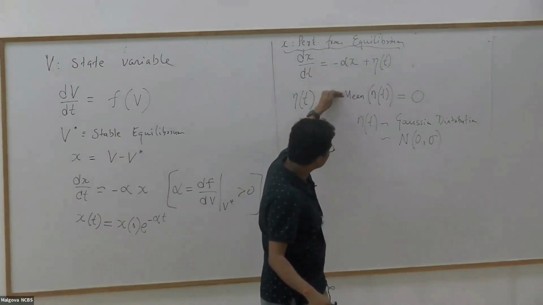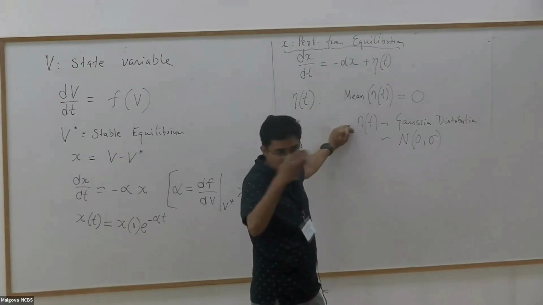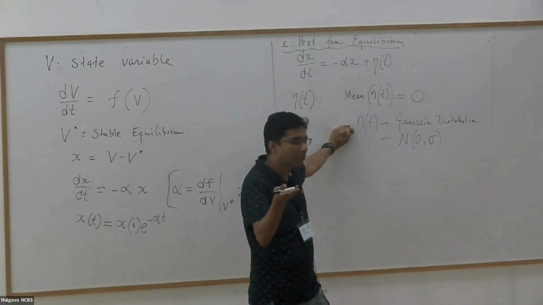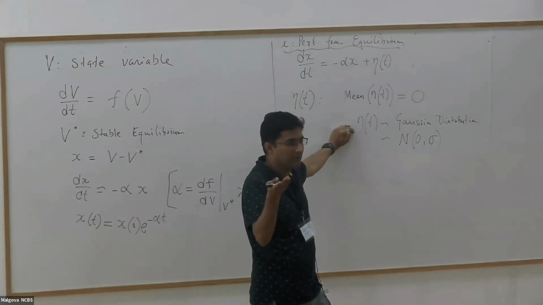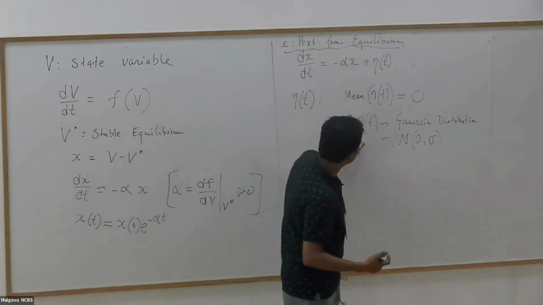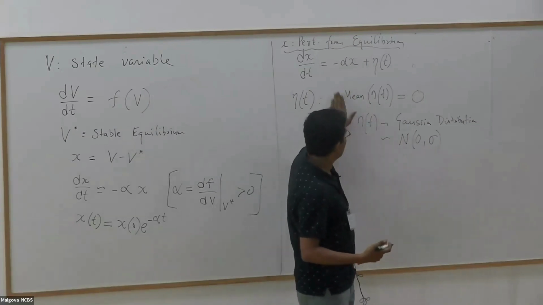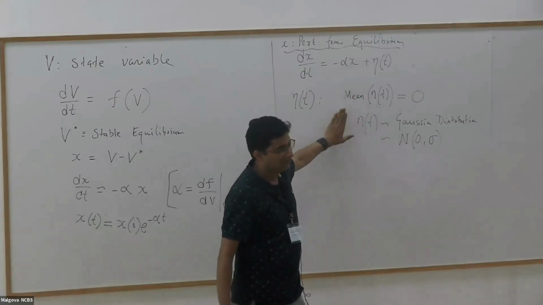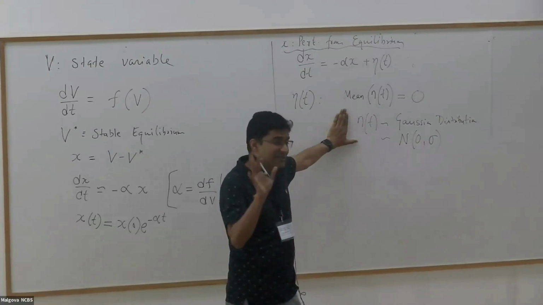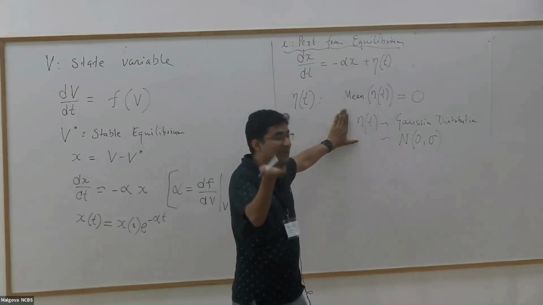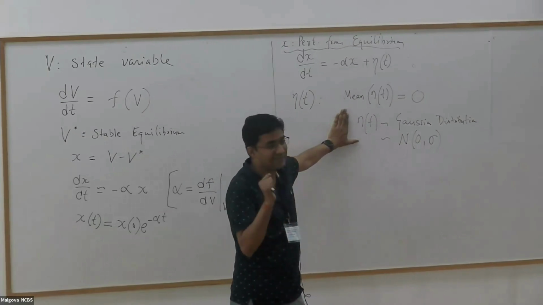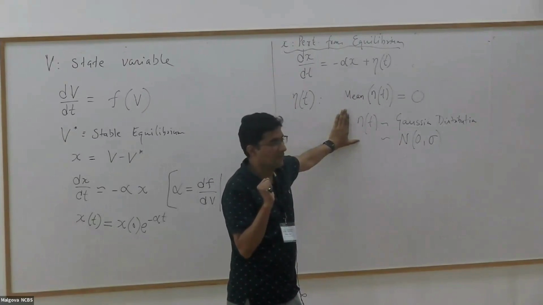Is it sufficient to just say the mean is 0 and the distribution is Gaussian? Do I need to say anything more? By the way, this already has the mean. I wanted to start off with a simpler thing, but is it sufficient to just describe the distribution, or should I say something more about this eta t? What would that be?